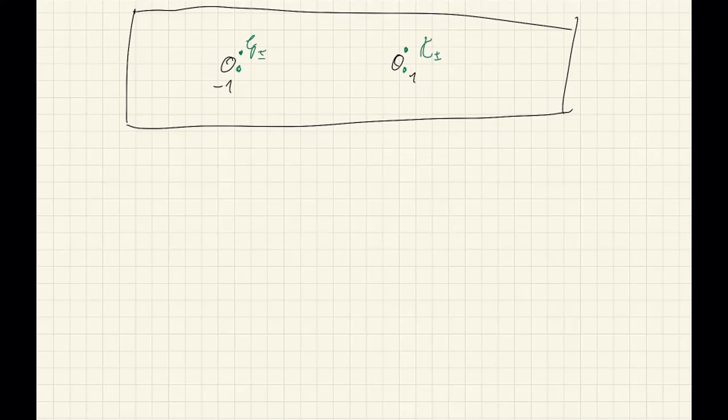So it may be like this: it has one non-paired double point, or it may be like this: it has two double points, non-paired.